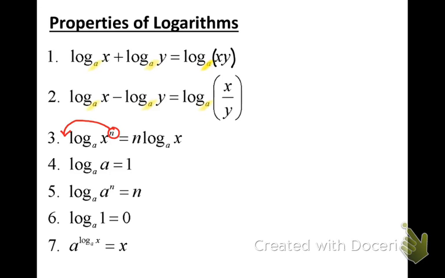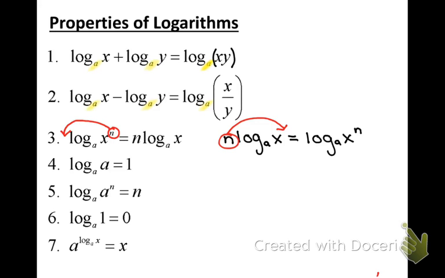Now, realize this rule works in both directions. So if I start with n log base a of x, I can also take that coefficient that's in the front, and throw it back up to that exponent position. And I would get log base a of x to the n. So that one goes in both directions.